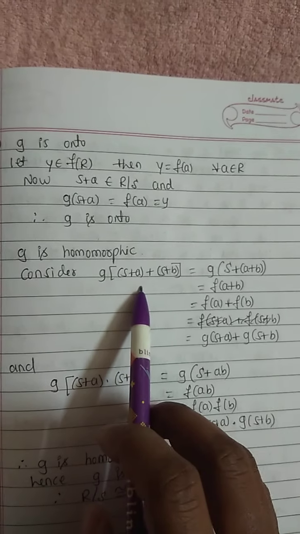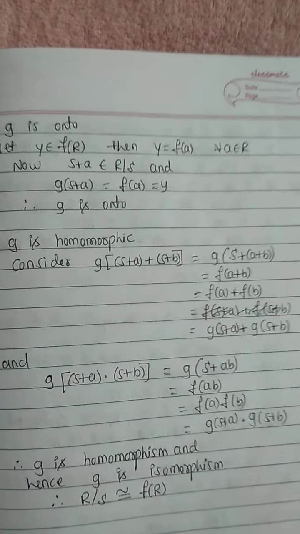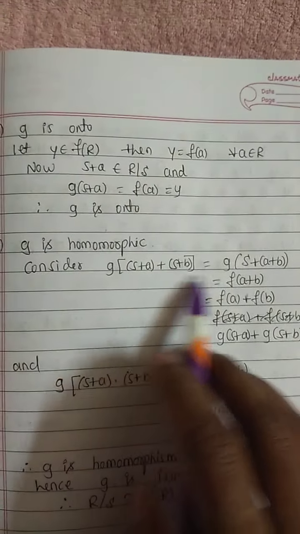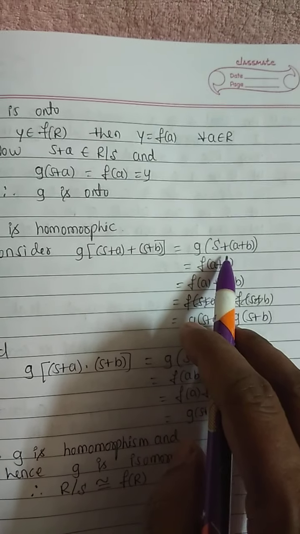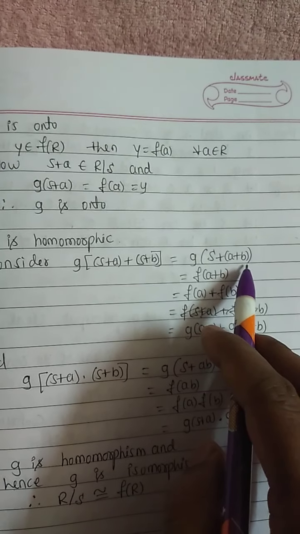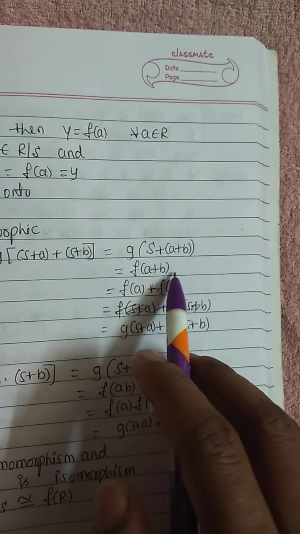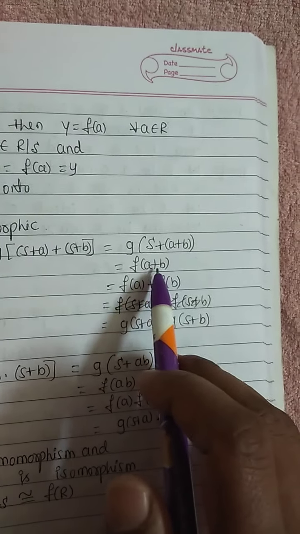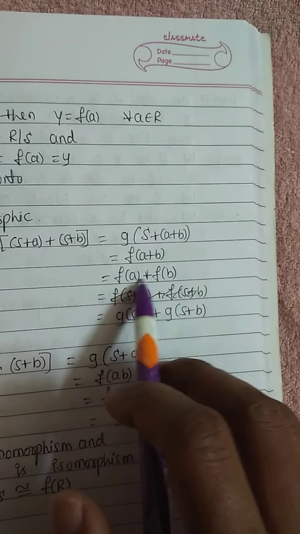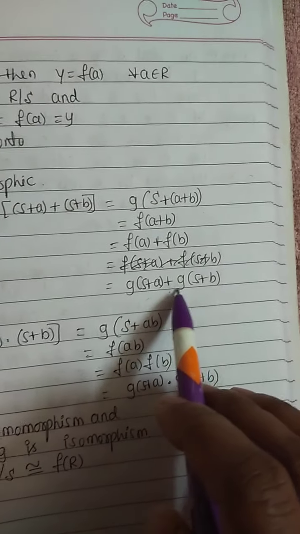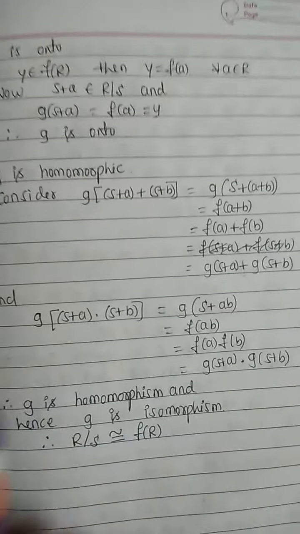Third, g is homomorphic. Consider g of (S plus a) plus (S plus b), which can be written as g of S plus a plus b. By the definition, g of S plus a plus b is f of a plus b. f is a homomorphism, therefore f of a plus b is f of a plus f of b. f of a is g of S plus a, so this is g of S plus a plus g of S plus b.